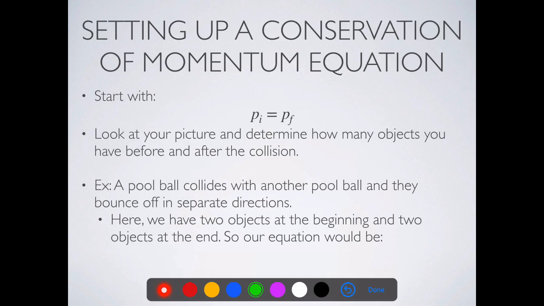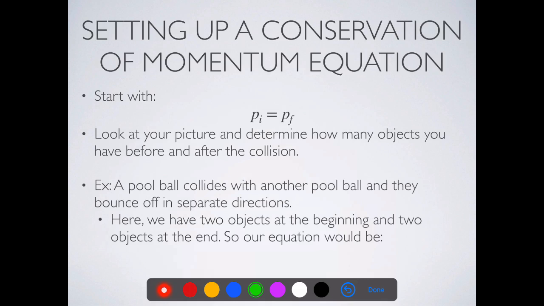So again, it always starts with P initial is equal to P final. Now, what you want to do is you want to look at your picture that you've drawn for before and after and determine how many objects you have before the collision and after the collision. So if that's tough for you to understand, let's look at an example. Let's say that there's a pool ball that collides with another pool ball, and when they hit, they bounce off into separate directions.